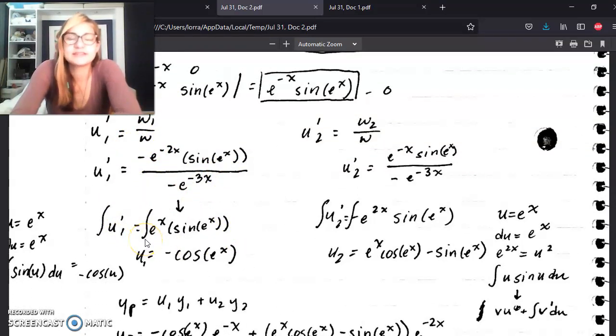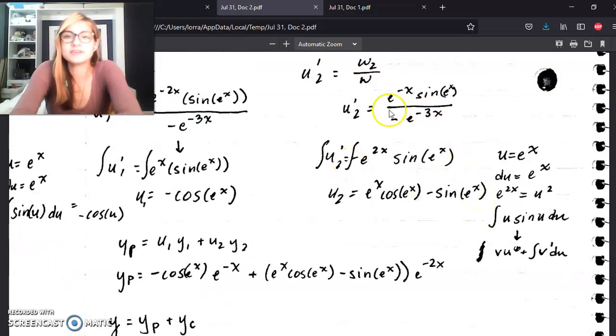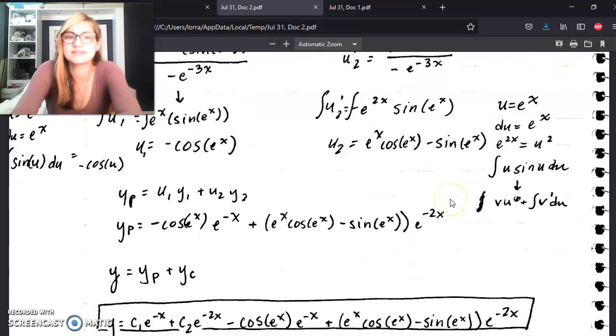The integration was a little bit complicated, but this one was just an integration by substitution. And then this one was an integration by substitution and then an integration by parts. So u1 was equal to negative cosine e to the x, u2 is equal to e to the x cosine e to the x minus sine e to the x.